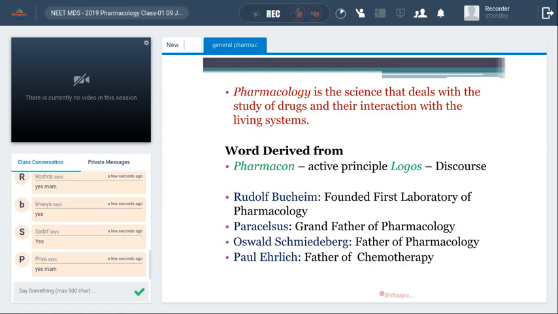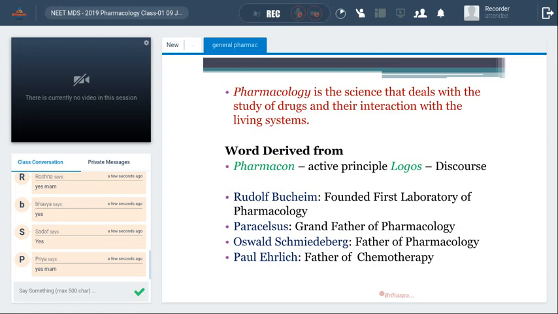It basically deals with the drugs. Here, mind you, the word drug doesn't mean the drugs of abuse only. Drug means any medicine. Any medicine is called a drug. Clear? Now this word was derived from two words, pharmakon, which means active principle. Earlier we used to prepare drugs from plant products or animal products. Most important was plant products.